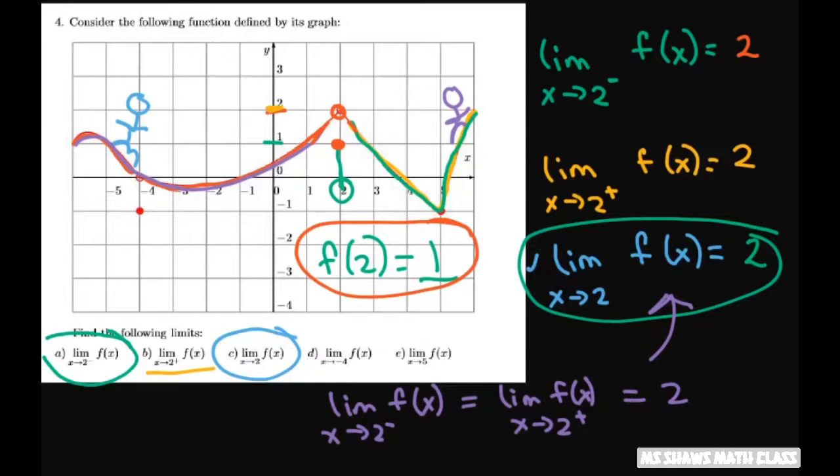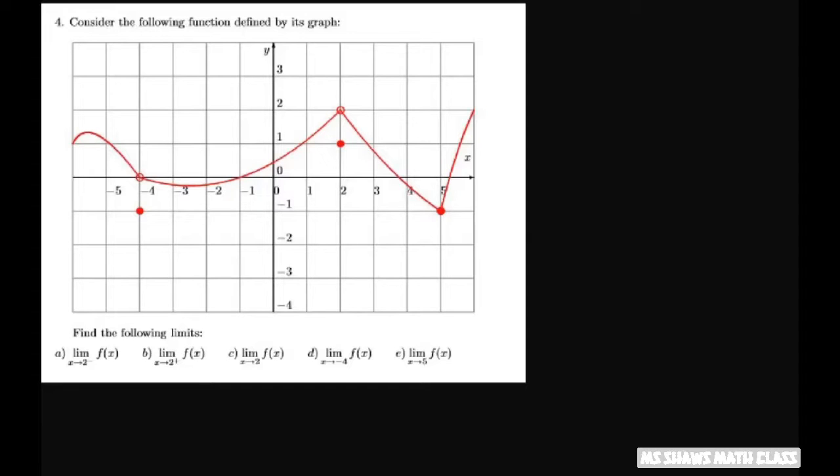All right. Next, we're going to do this one. The limit as x approaches -4 of f of x. All right, so let's go to -4. That means we're going from the left and from the right. You know, to make a little jump here.